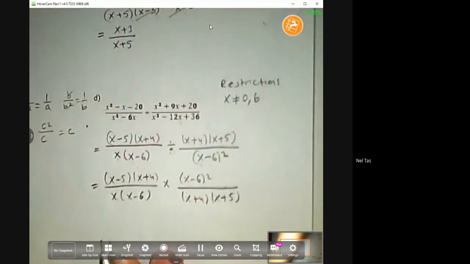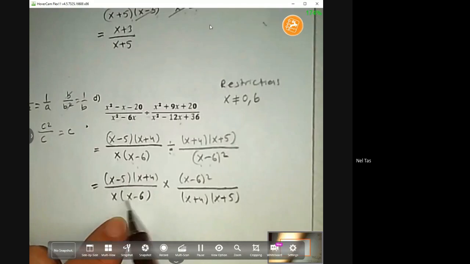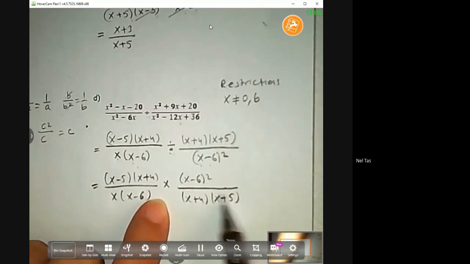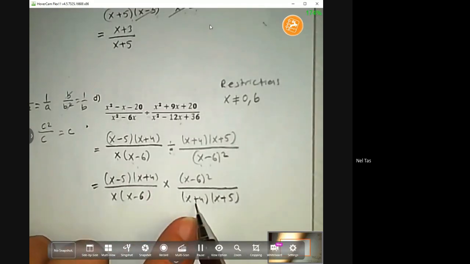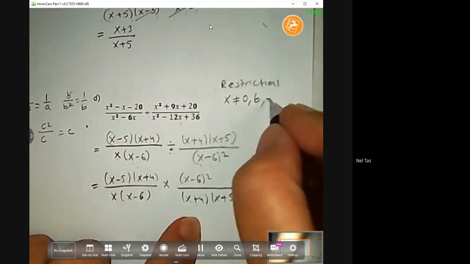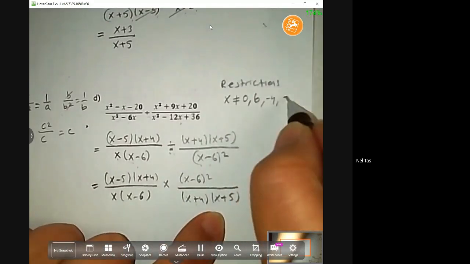Okay, now next step, keep the factors as they are. Flip the second rational expression, so x minus 6 squared over x plus 4, x plus 5. Now add the new restrictions. We already covered this part. Now we need to look at this denominator. x cannot be negative 4, and x cannot be negative 5.